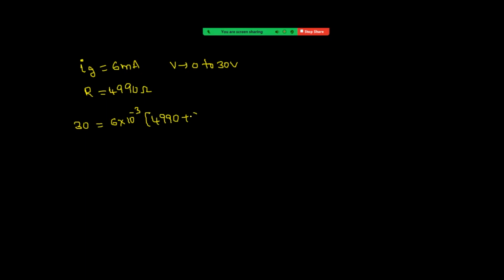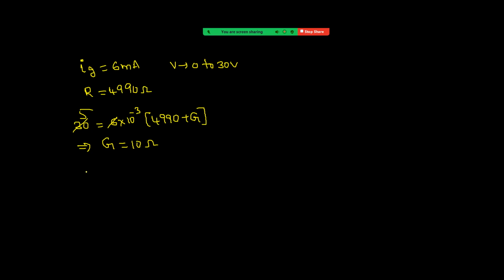Right? We are connecting in series, so G is the resistance of the galvanometer and the other is the one we are connecting. From this we can say G value: 6 here, 5 times, so 5000 minus 4990, G value 10. We have to use this in the next condition. The purpose of giving this data is to find the resistance of the galvanometer.